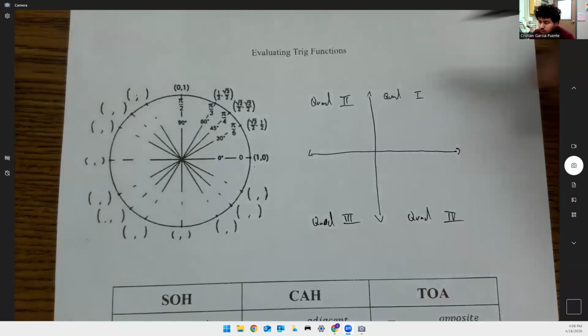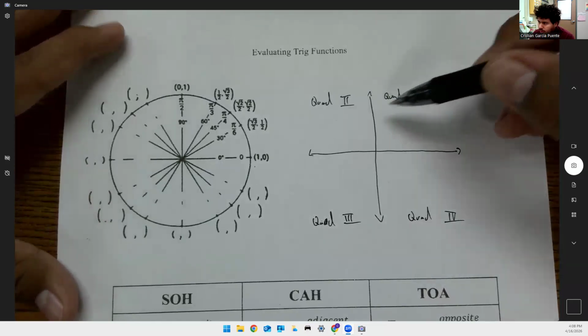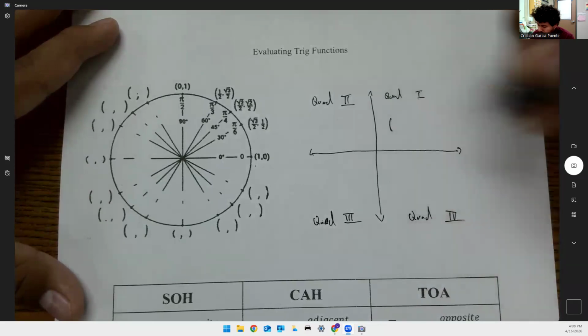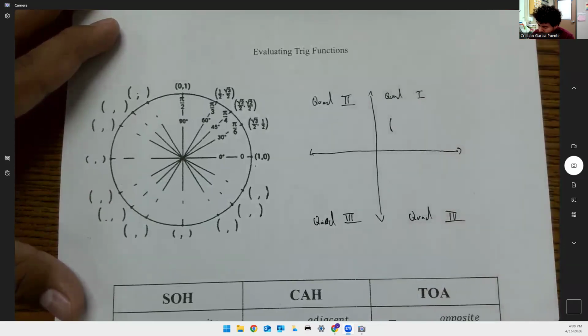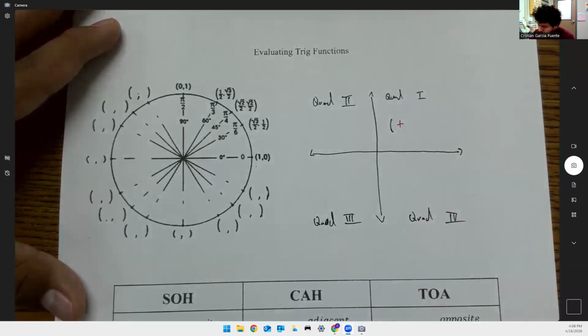Now, just know that whenever you're in quadrant one, both x and y are always positive, no matter where you go.